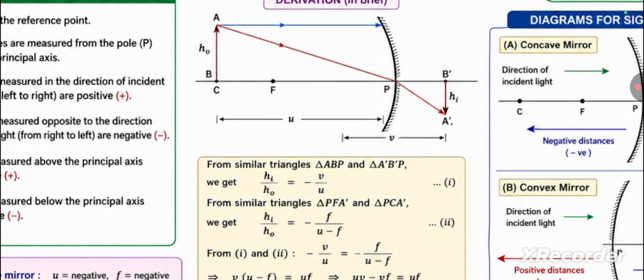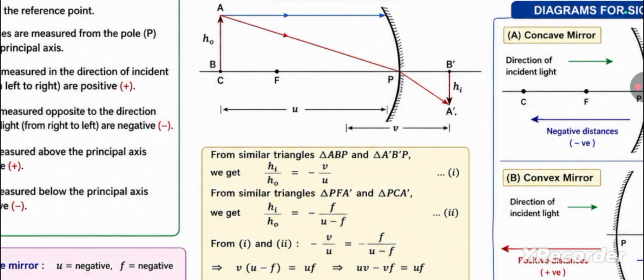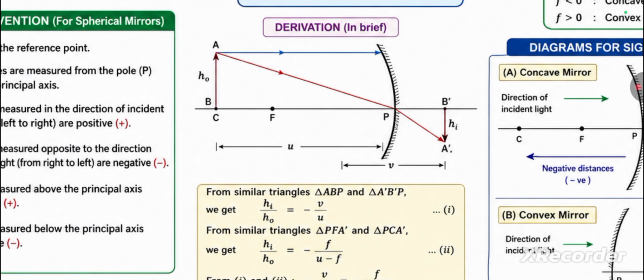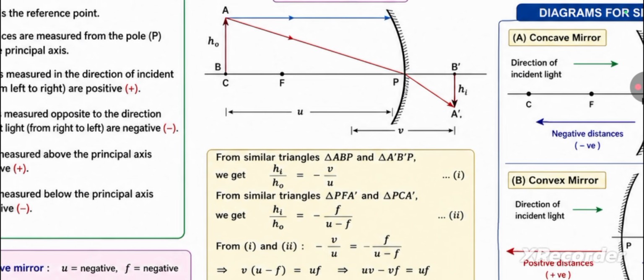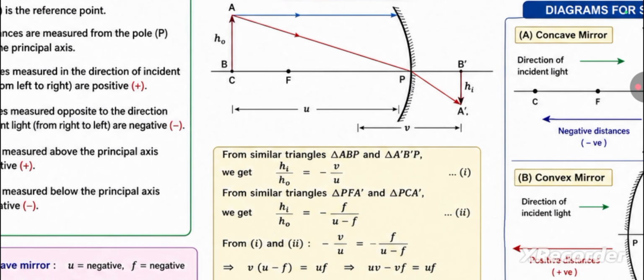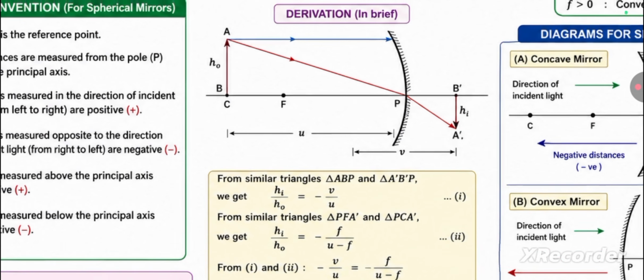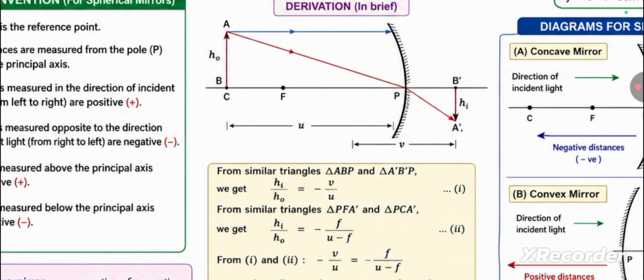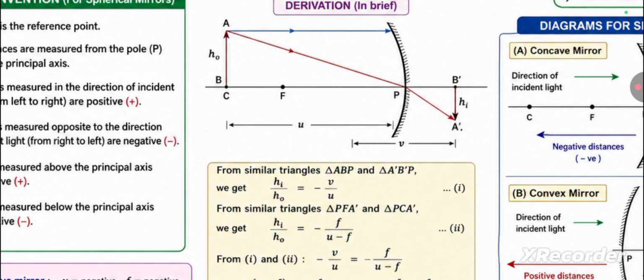Here P is the pole, u is the distance of the object, and v is the distance of the image. H O means the object's height, and the image height is H I. From similar triangles ABP and A dash B dash P, which are similar triangles, we get H I by H O is equal to minus v by u.